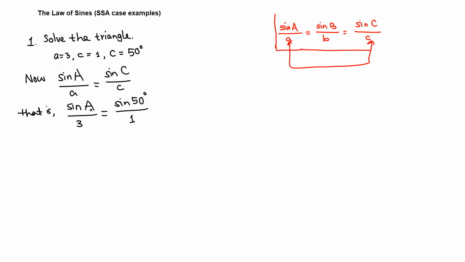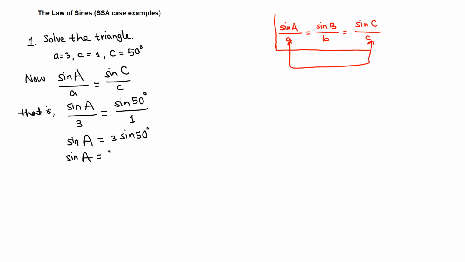Now we are trying to find angle A, so let's cross multiply. 1 times sine A is just sine A equals 3 times sine 50 degrees. That is sine A equals, let's use our calculator and find the value of 3 times sine 50 degrees.